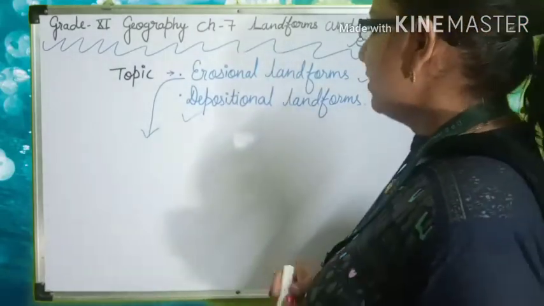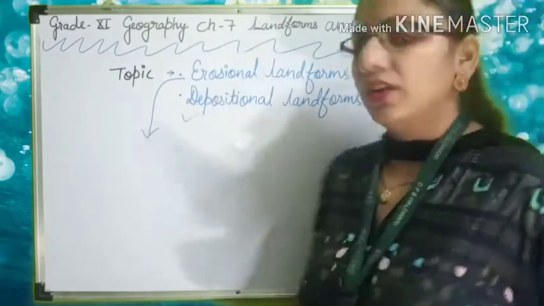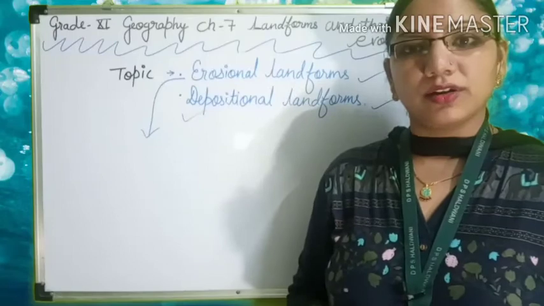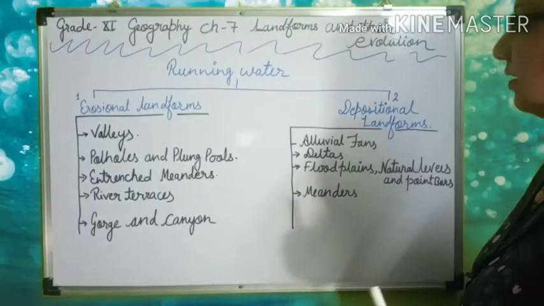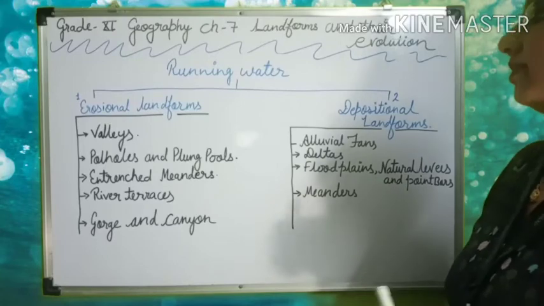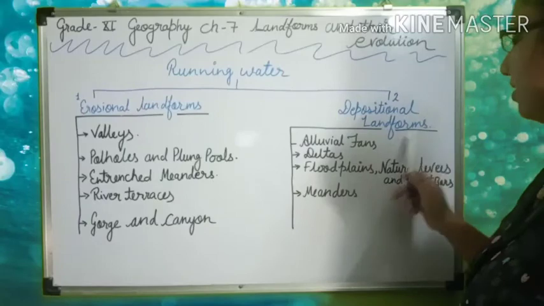We will see how many types of erosional and depositional landforms there are through a flowchart. Let's see which landforms occur due to erosion and deposition.